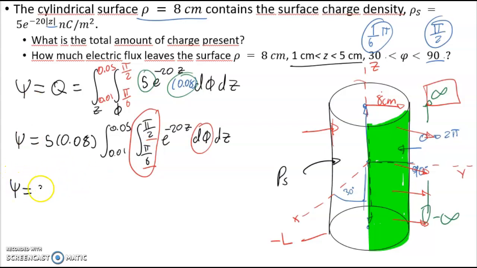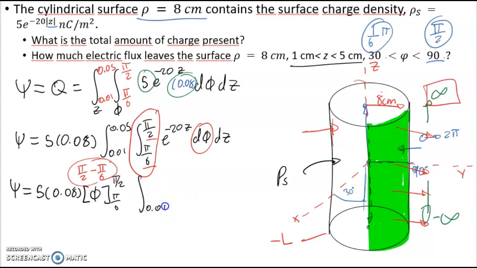Flux is equal to 5 times 0.08 times the evaluation of phi from pi over 6 to pi over 2. This one right here can actually translate to pi over 2 minus pi over 6. We can just replace it in here. And then we have the integration from 0.01 to 0.05 of e to the minus 20z dz, and this integration we know.